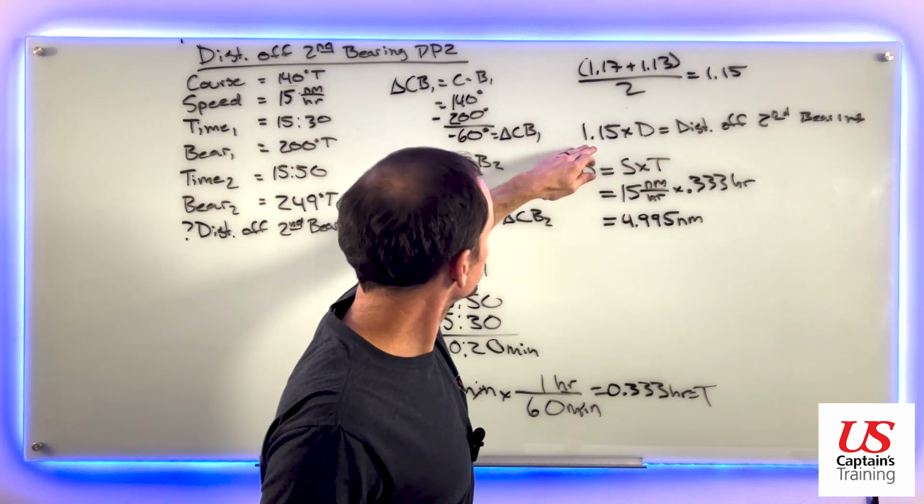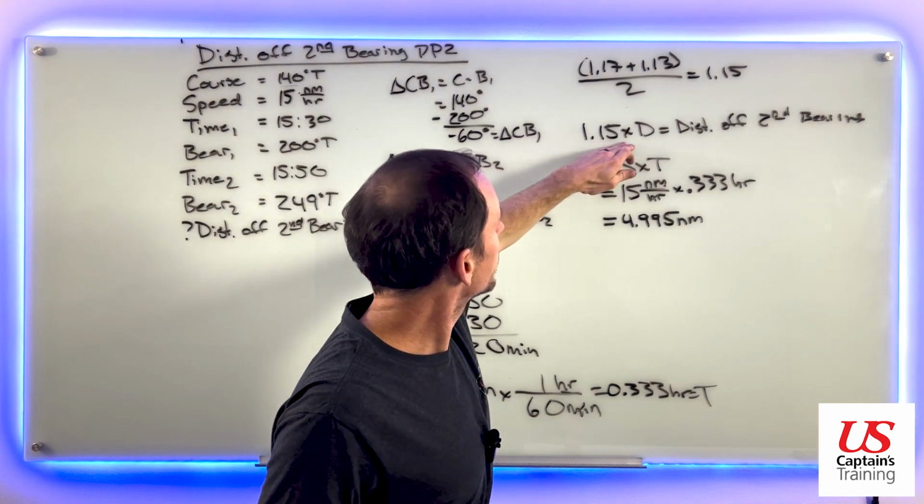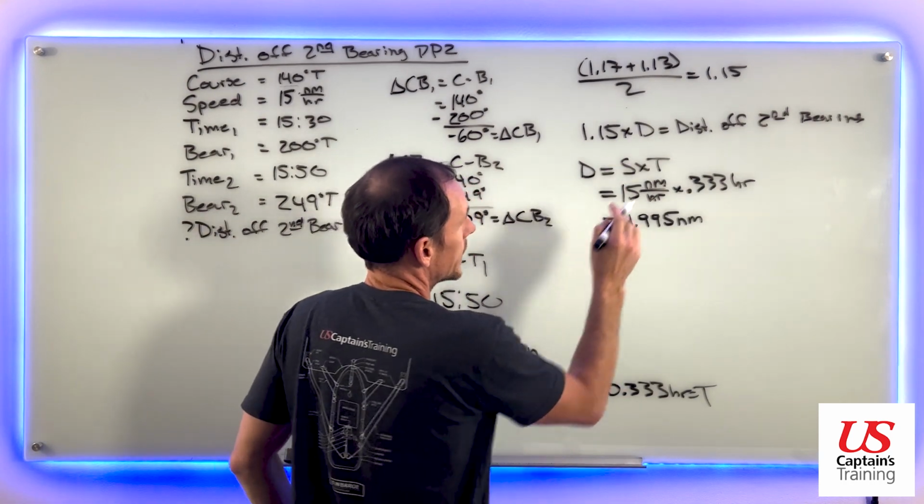So we need a distance to multiply by our table value, right? So now we can get the distance off.